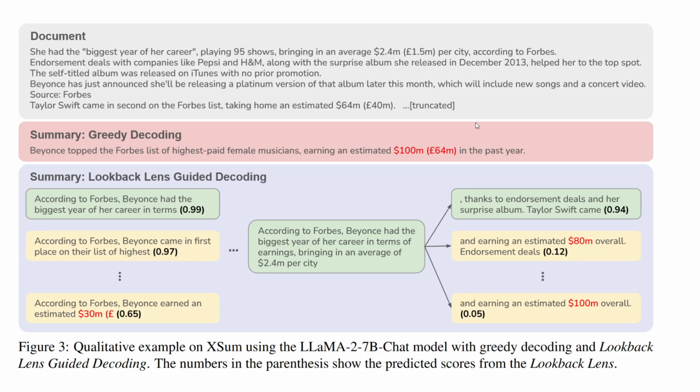This is an example. Suppose you have this document about Beyonce, and if you just do greedy decoding, you will see that it misrepresents the earnings which Beyonce had. Beyonce's earnings are that she played in 95 shows, bringing in an average of 2.4 million per city.